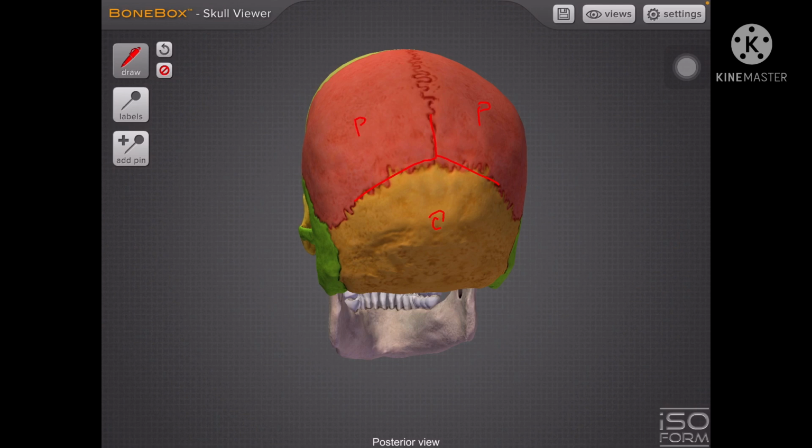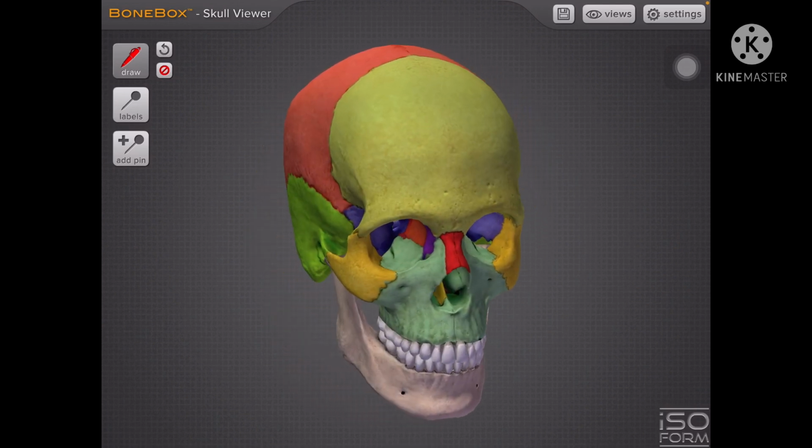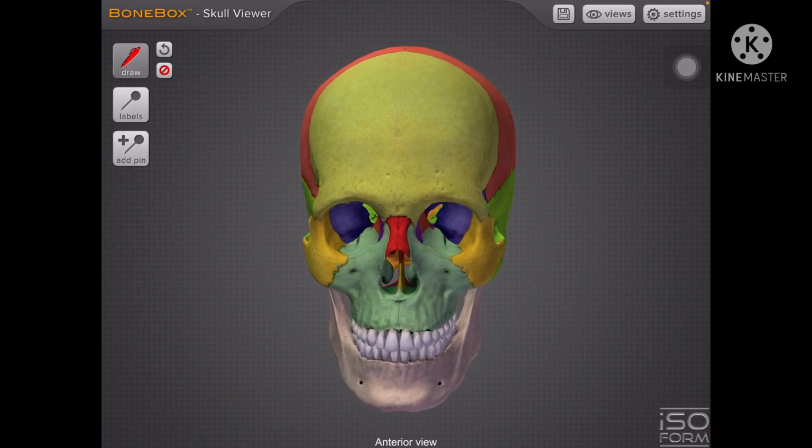Next, in only 3 to 8% of cases, there will be small suture lines that we can see in human skulls. These sutures are called metopic sutures, that are seen on the frontal bone.